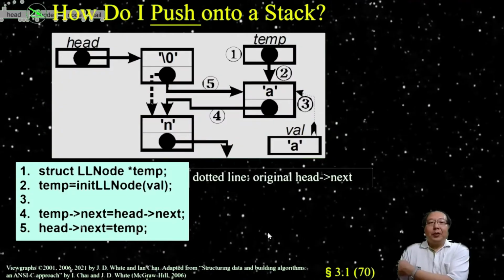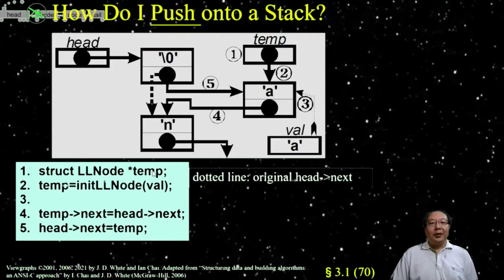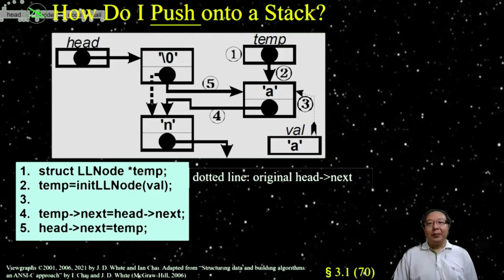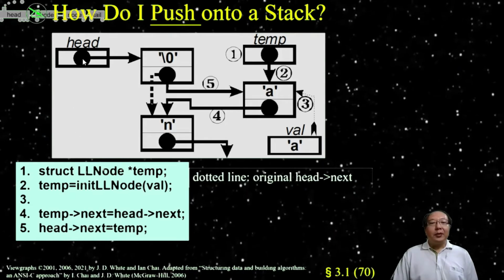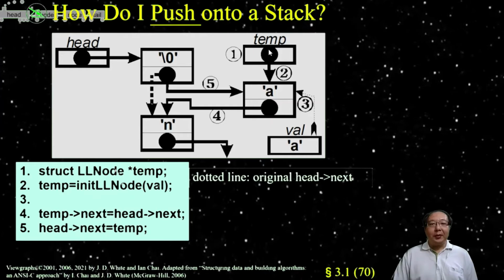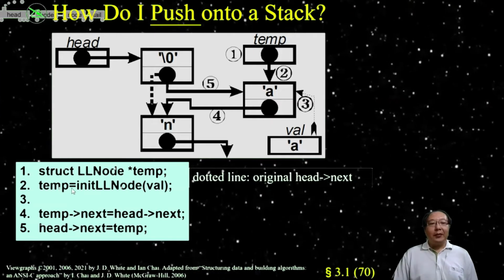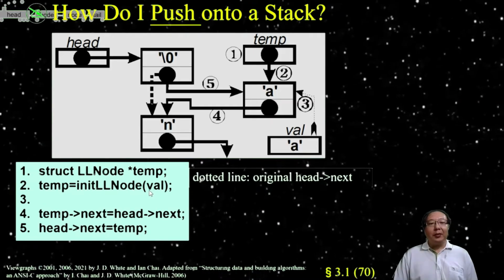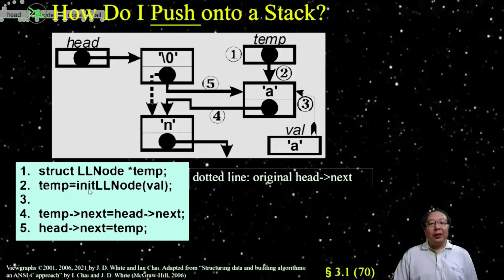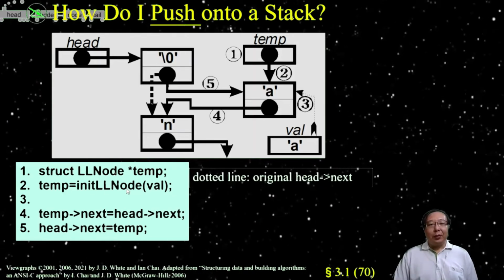Okay, how do I push onto a stack? We've got struct LL node star temp. Okay, so this is again a temp pointer, and we have temp equals init LL node val. So we make a new val node.